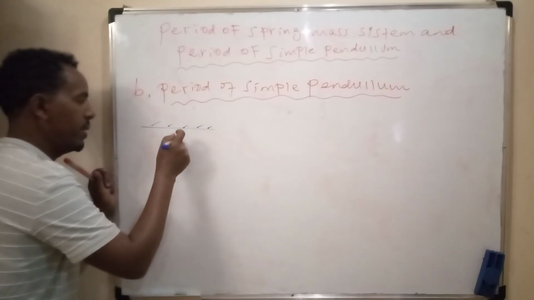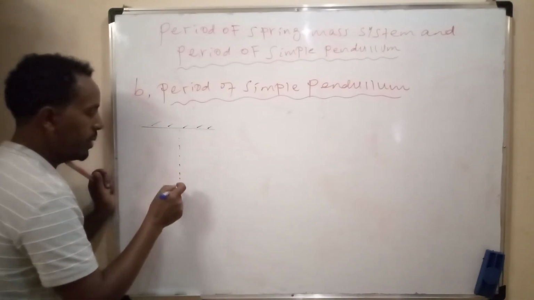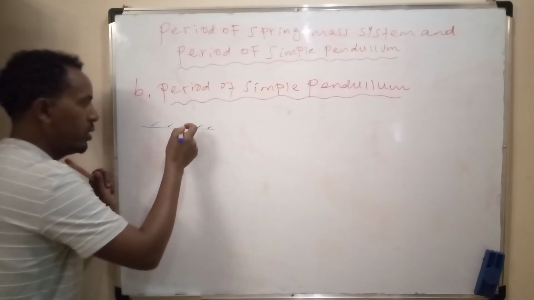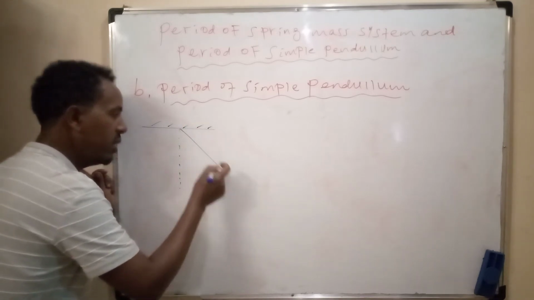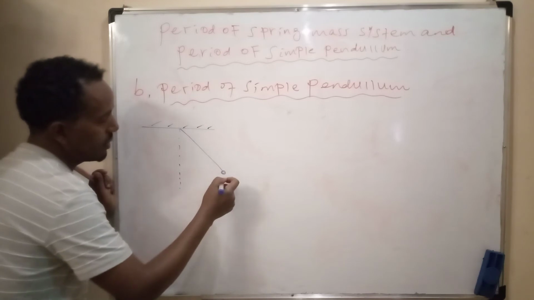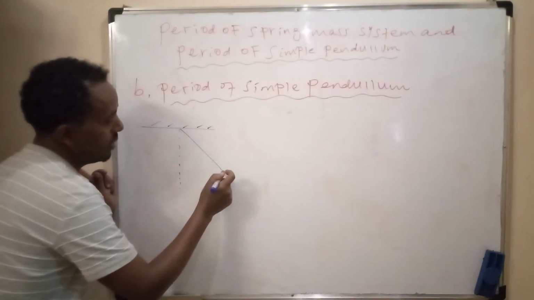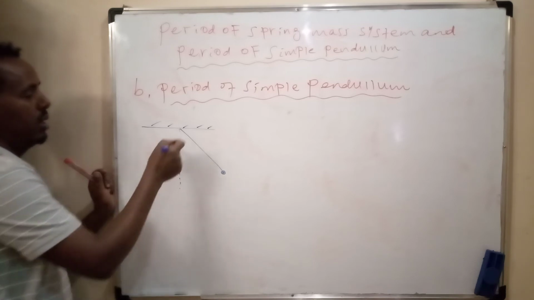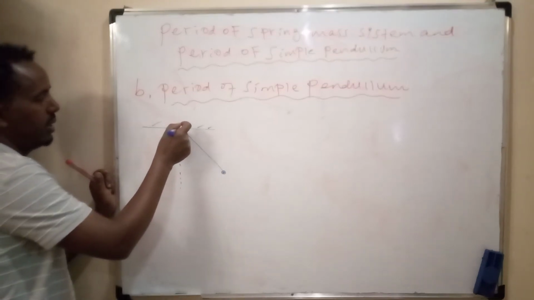Let's say this is a simple pendulum. This is the equilibrium position. Here is the length of the string, and the mass m is attached to the string.